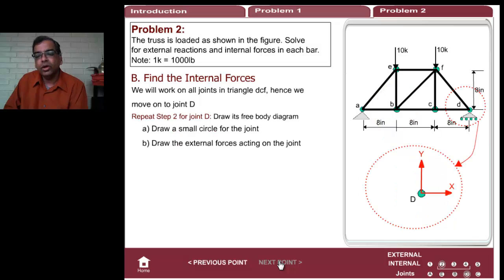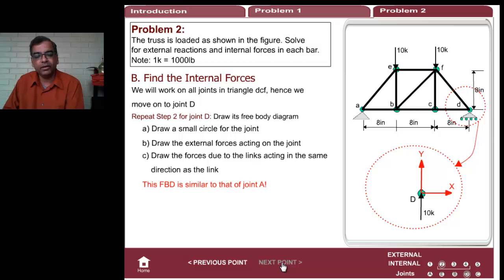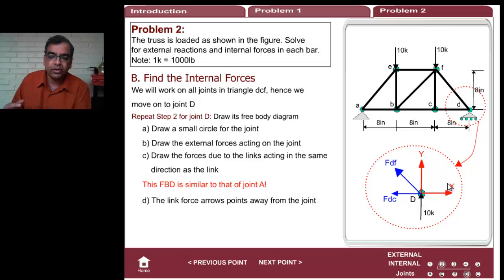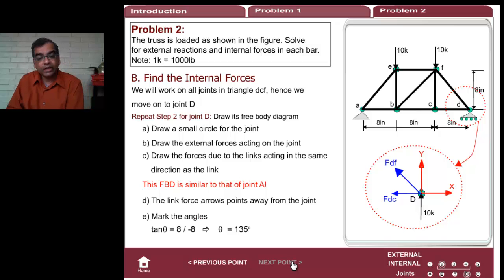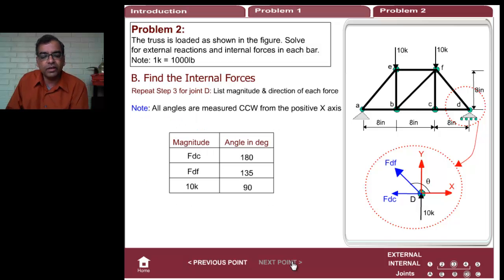Okay. Now you can go either to joint C or joint F or joint D. You can pick whichever one you like. As long as you have only two equations for two unknowns, you will be fine. Joint D is very similar to joint A, except it's flipped. It's all the other side, right? You can do the same thing. I'm going through this fast because by now you should see the trick.